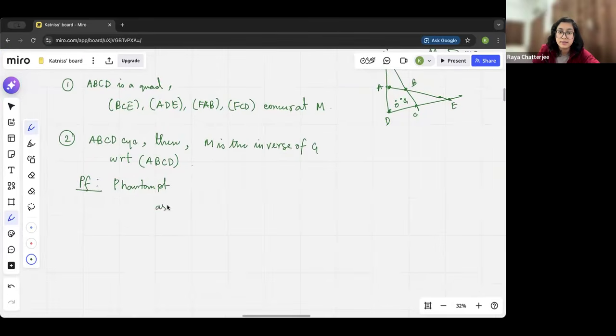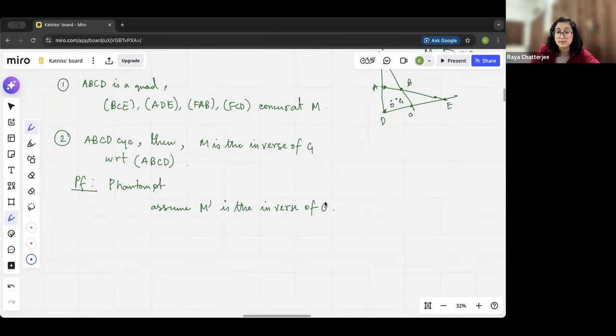So assume that M prime is the inverse of G, and then you can just chase a little bit of angles, like inversion angles. I think inversion has been done before on OMC. So you can just chase some angles and you'll be done with this proof. So that is the first. Okay, that is one of the things I wanted to say.